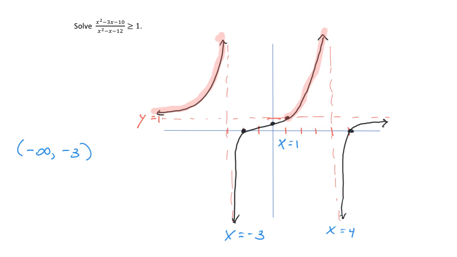This part of the graph goes from 1 to 4. I want to include 1, and I don't want to include 4. So again, you could write your answer as x has to be less than -3, and then we're going from 1 up to 4. Both of these are completely acceptable, but this is the final answer to the question.